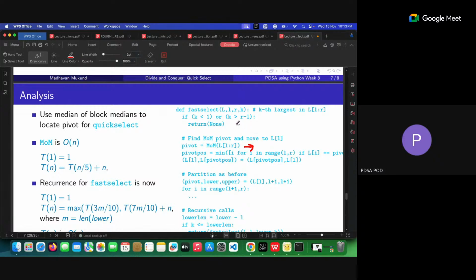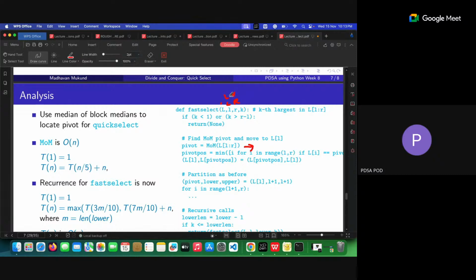So we check that we are trying to find the kth largest from the list L. From the list L, every time we get halves, called the left partition and right partition, or lower partition and upper partition.